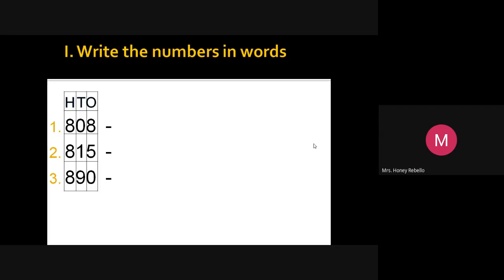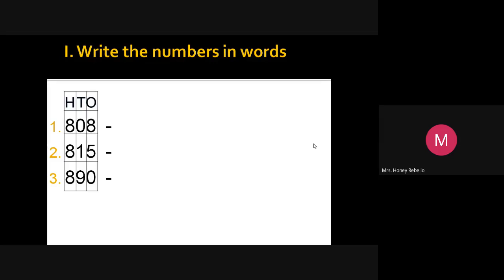Third column, O. When you read, you have to read like ones, tens, hundreds. Leave a square.